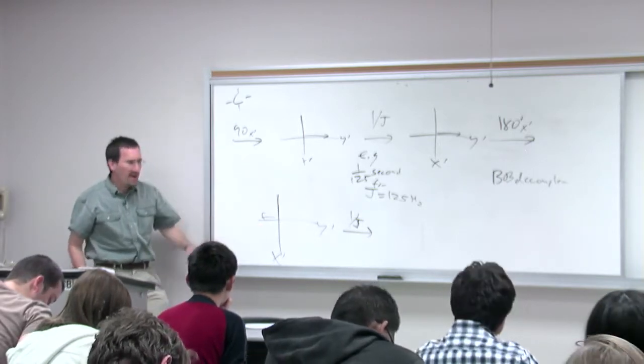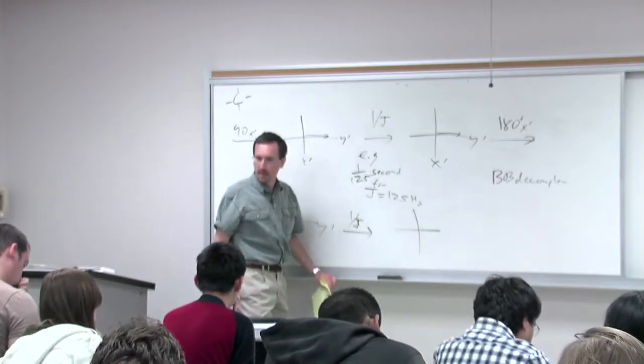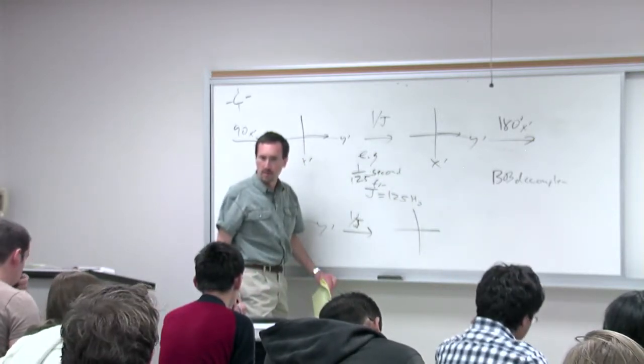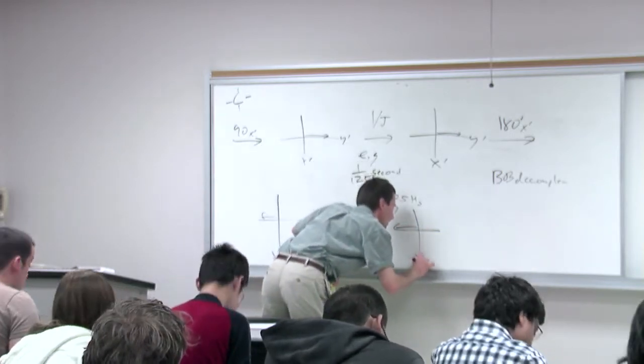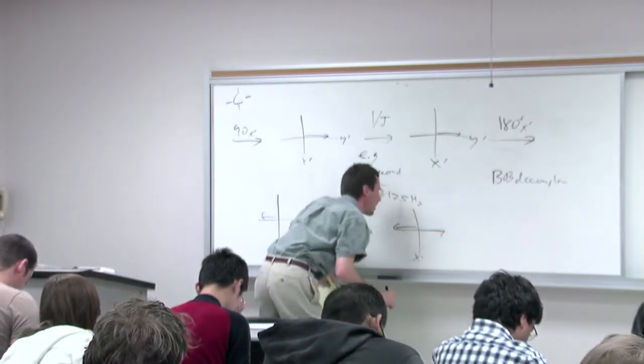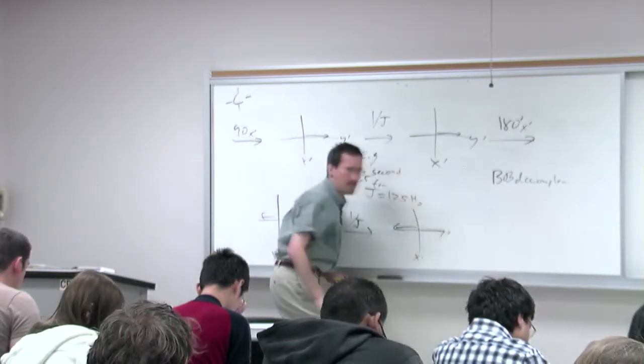And so now, after 1 over J, how do things look? Same. And so at this point, our magnetization is along the negative Y prime axis.